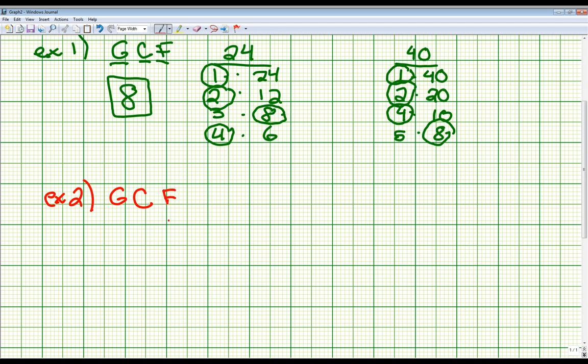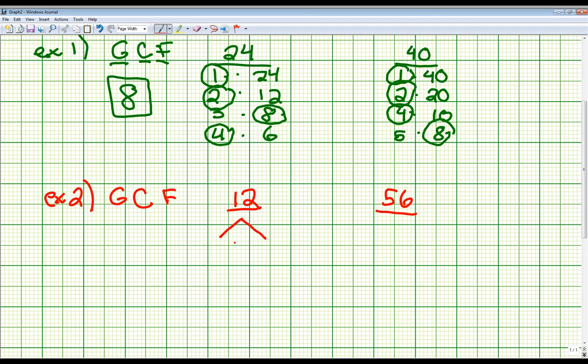So the two numbers we're dealing with this time are 12 and 56. So again, I'm going to start out by listing them both at the top. But this time, if we're going to use prime factorization, we're going to go back to this factor tree idea that we did in our last lesson. So let's factor out both of these numbers all the way down to their primes.